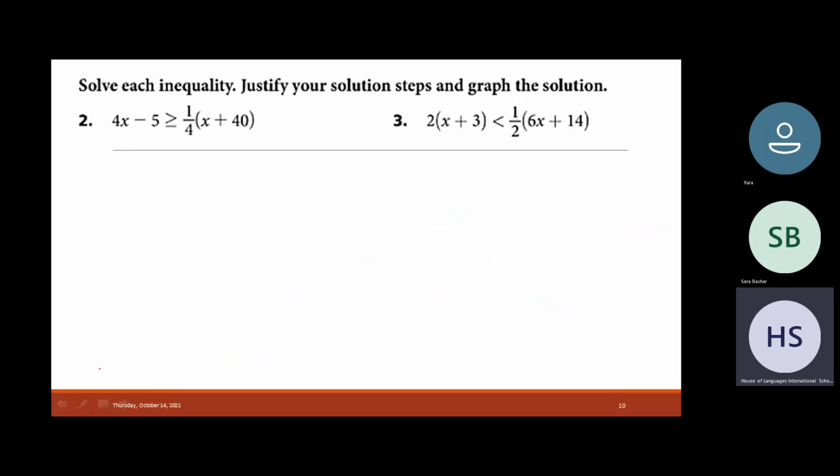Now, number 2. 4x minus 5, this is number 2 in your book, by the way, page 57. 4x minus 5 is greater than or equal to 1 over 4x plus 40. The next one you will try in your copybook. What do you have to do? 4x minus 5, write it down, greater than or equal.